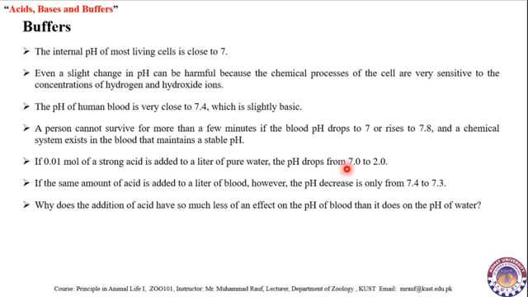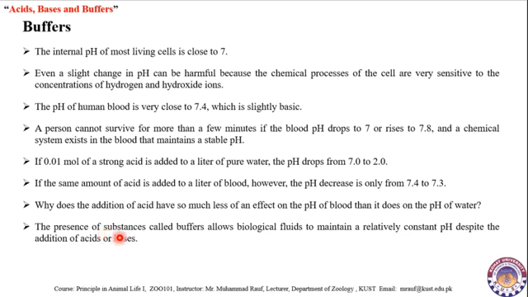You can see here it has brought a considerable change when a 1 molar solution of strong acid was added to pure water. But when the same acid having the same concentration is added to blood, it has a very small change. So what is there in the blood which resists changes in the pH?